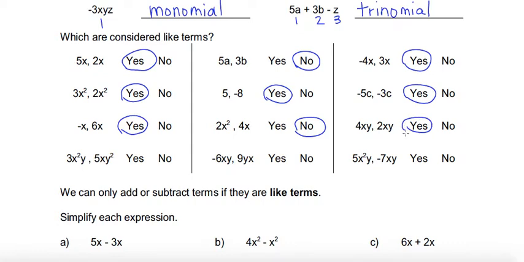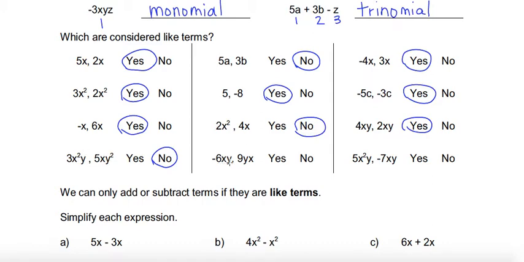Those are like terms. 3x squared y and 5xy squared, they both have an xy, but the first term has an x squared and the second term has an x, and vice versa when we look at the y's. So they are not like terms because the letters do not have the same exponent.